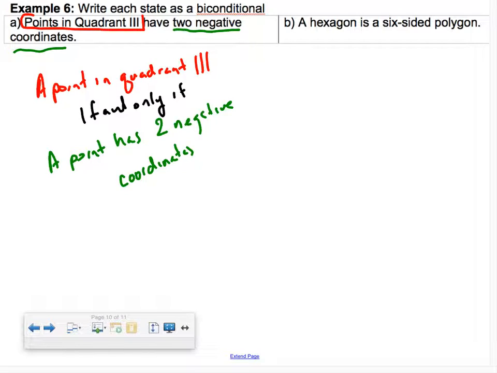Last one, a hexagon is a 6-sided polygon. Again, remember it's where the verb is that usually splits it up. So we've got a polygon is a hexagon. A polygon has 6 sides.